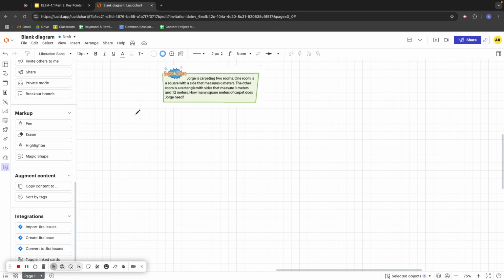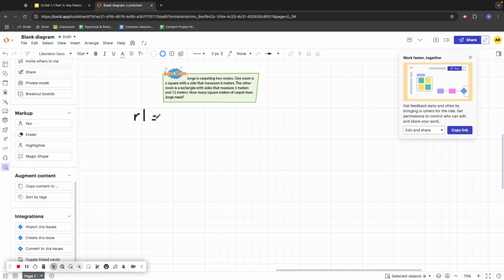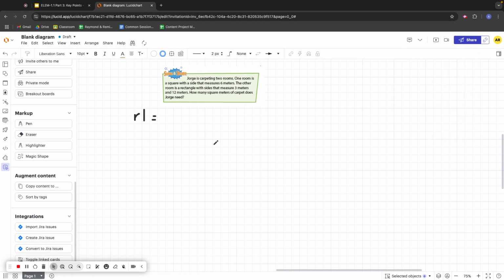So I can start working this out. I know that there's room 1, I'm going to put R1, and that is a square with each side that measures 6 meters. And we know we're using our formula area equals length times width.